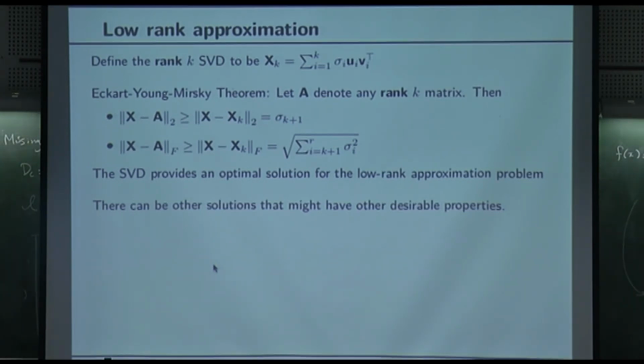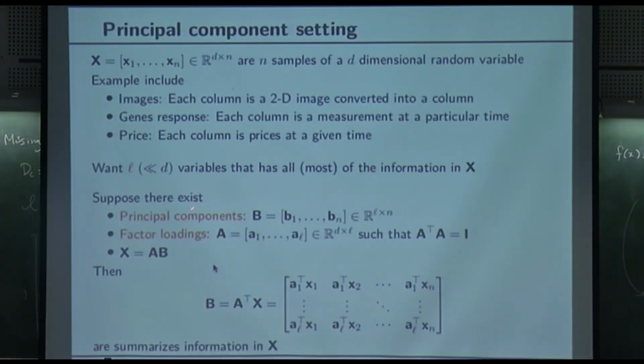For example, let's go back over here. One thing that has become very popular, and we'll come to it towards the end, is that you want principal components and you want factor loadings that are non-negative. I want to take a product of matrices X equals AB, where both A and B are non-negative.